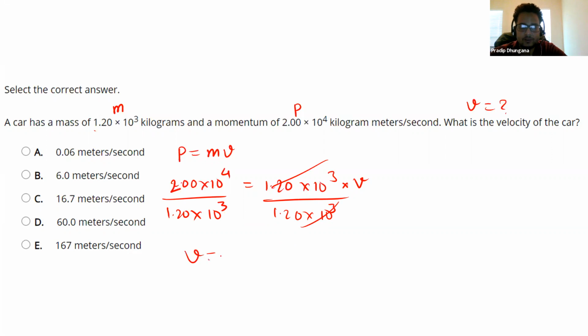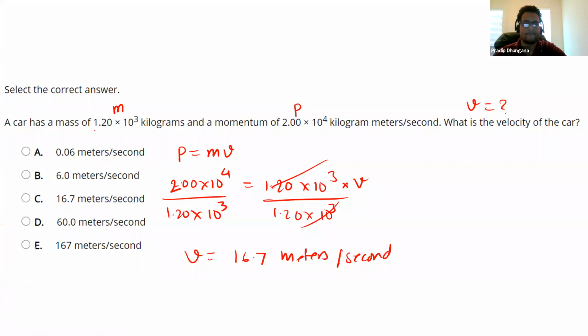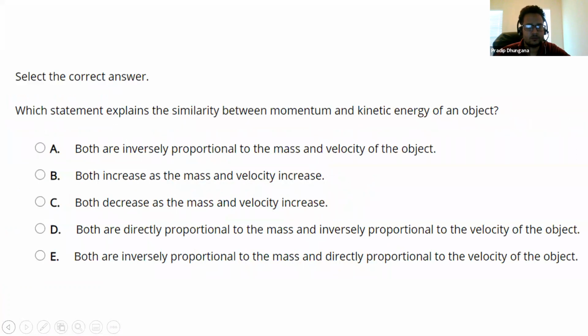So velocity is that value. Use a calculator and calculate that value. You'll get around 16.7 meters per second. That is the velocity of the car. So the correct choice is C, 16.7 meters per second. Now let's go to the next question.